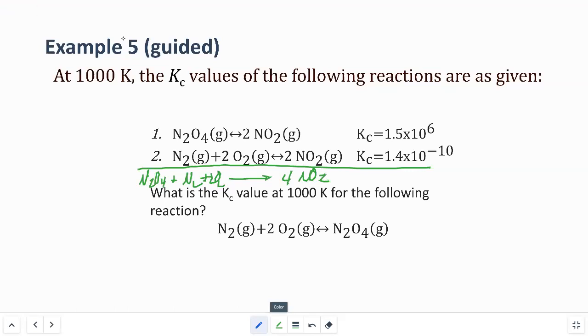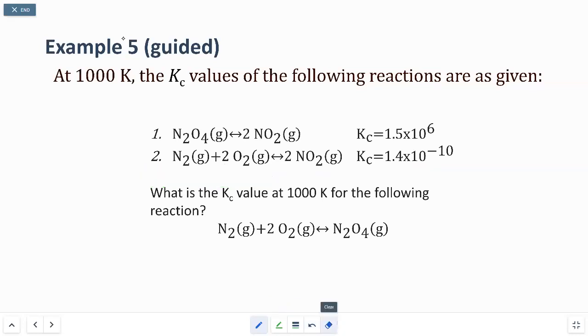The reaction I'm looking for actually doesn't have NO2 in it at all. So what I need to do is manipulate these equations accordingly to get rid of the NO2, which isn't even in the expression to begin with, and give me the product I'm interested in the first place.